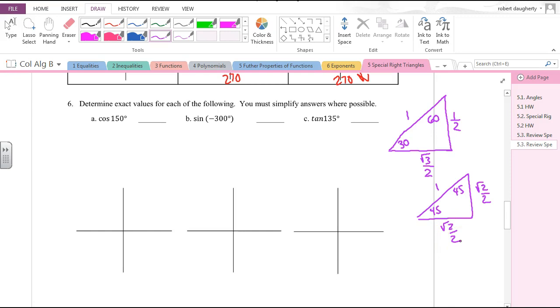So let's find the cosine of 150, okay? So this is 0, that's 90, that is 180, that is 270. Cosine of 150, so 150 is somewhere right in here. So what I will need to do is construct a special right triangle with the central angle.